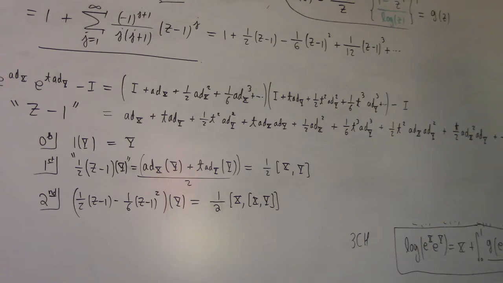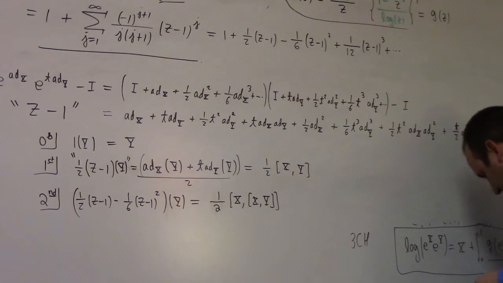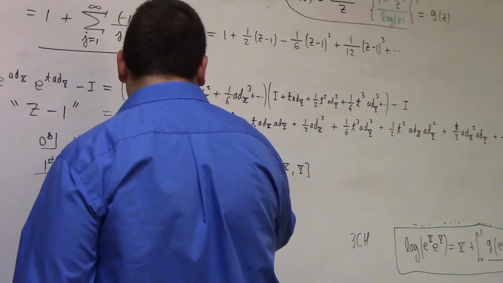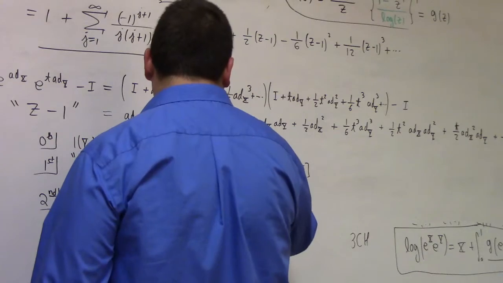Now I can't even read off second order commutator terms off of minus 1/6 z minus 1 squared yet because I have not calculated z minus 1 squared. I will now foolishly attempt to do such, but I will do so with a focus on what I care about. So, the best of z minus 1 squared.